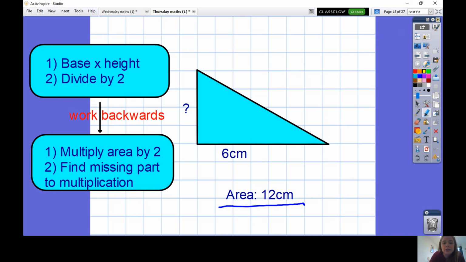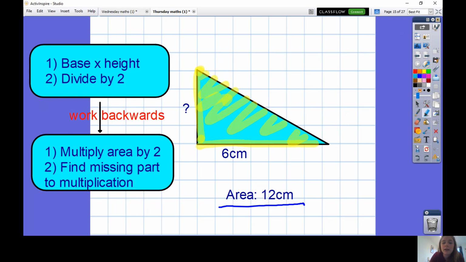When you're finding the area of a triangle, remember it's the area of a rectangle. So what you do is you do the base times the height, and that gives you the area of the rectangle. And then because you only want the triangle, you divide by 2. Okay, well, when you're working backwards, it's the opposite.